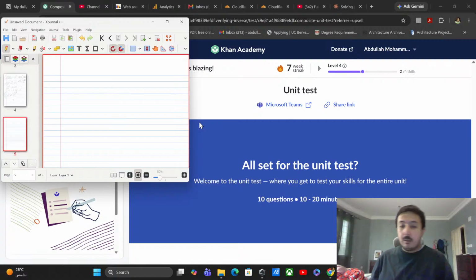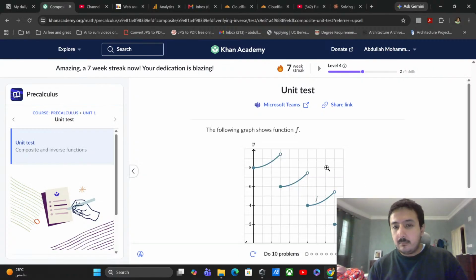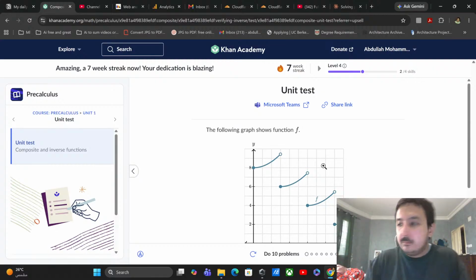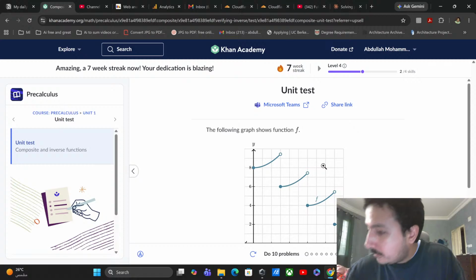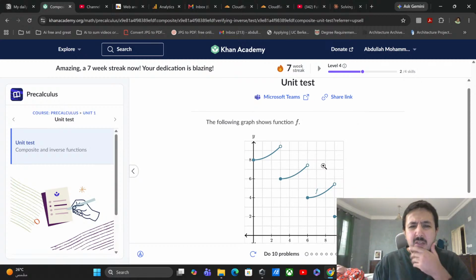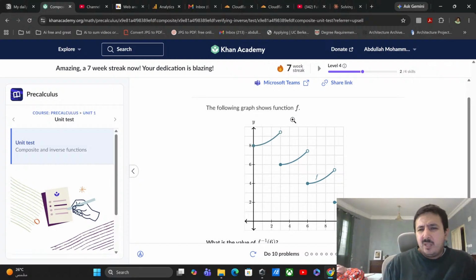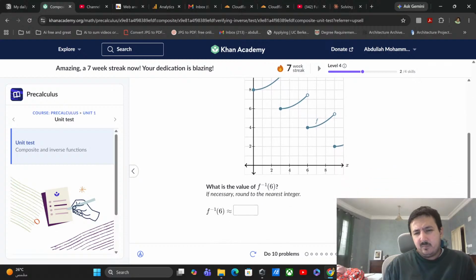Let's do this. The following graph shows function f. Okay? It's the value of 6. So we get 6.